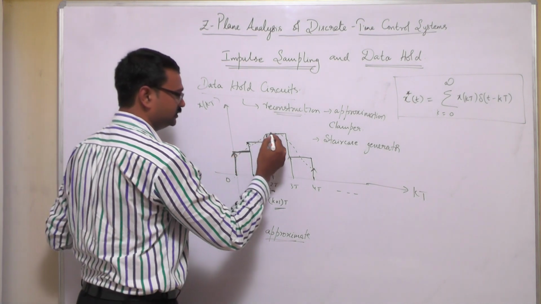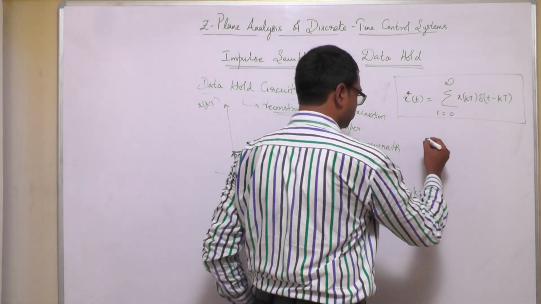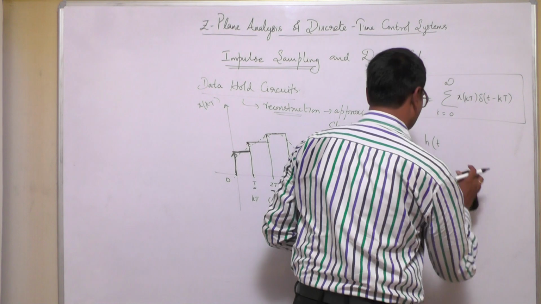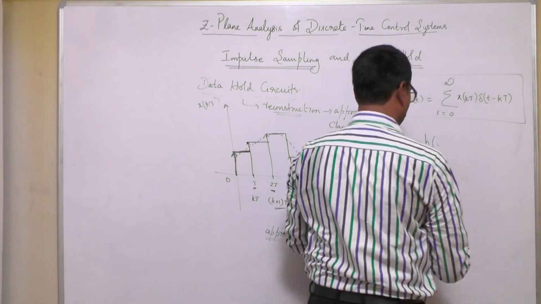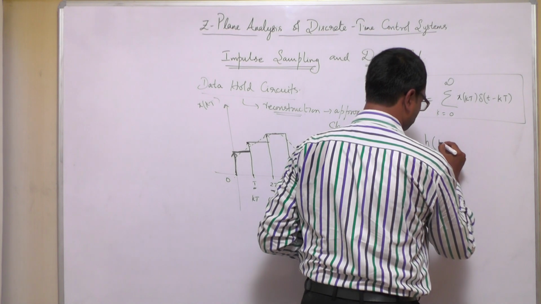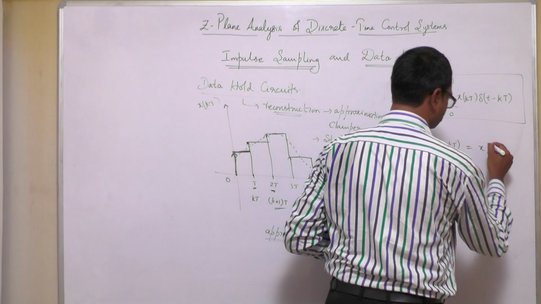Therefore, you are trying to get it in this way. So you can say h of kT plus tau. Now, if I consider h of kT plus tau is equal to x of kT.